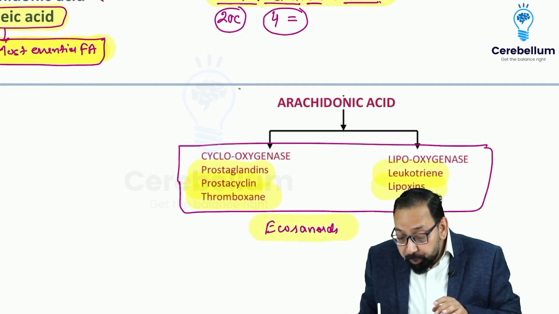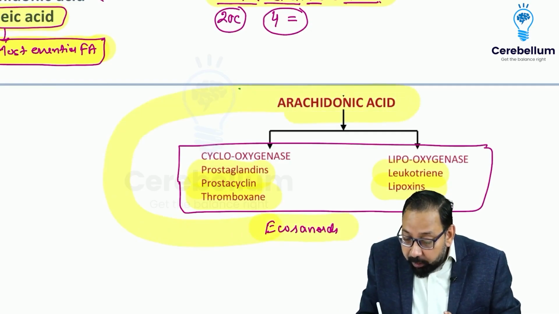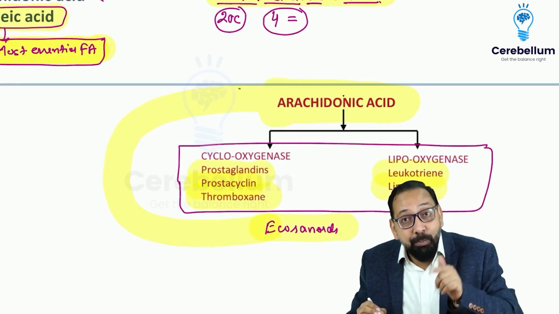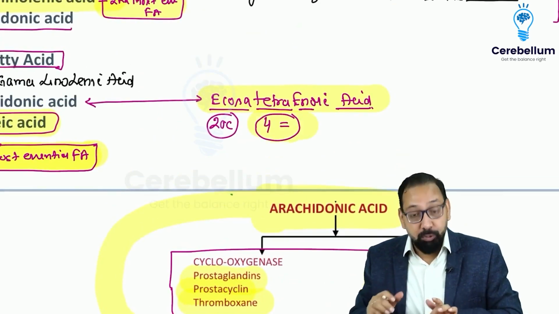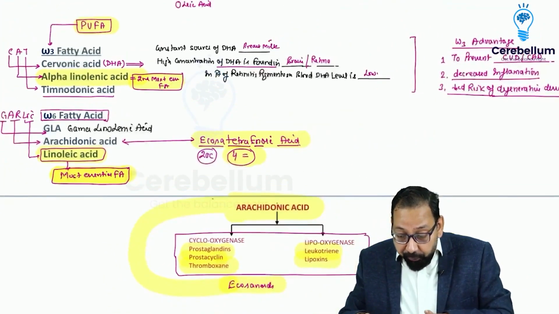They are called eicosanoids because they are derived from arachidonic acid. How many double bonds? 4, a frequently asked question. So these are PUFA, polyunsaturated fatty acids.